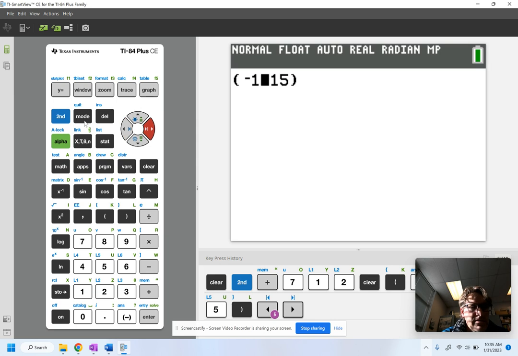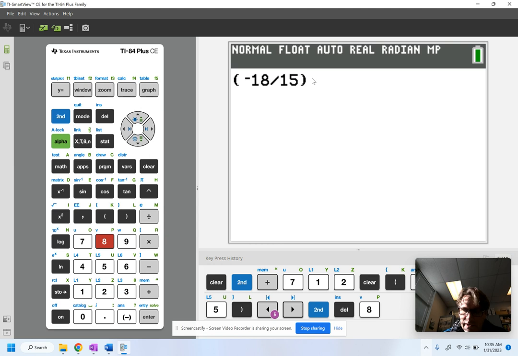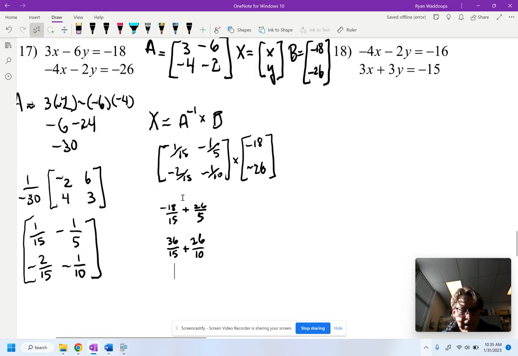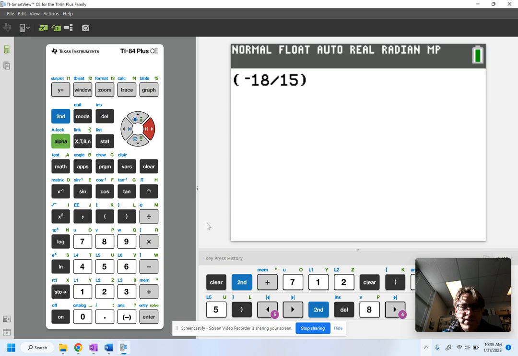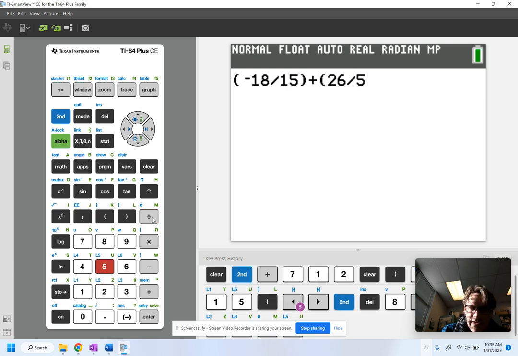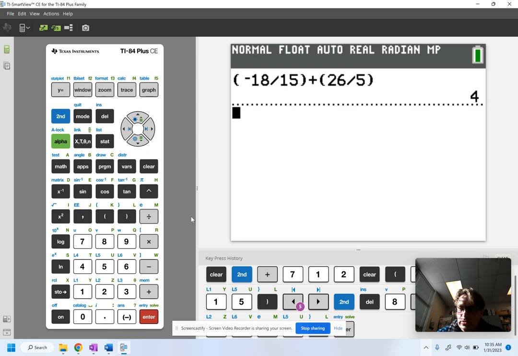Let's try this. Insert second function, delete, and type in. That's -18/15. Let me just double check to make sure that's right. Yep, -18/15. Then plus 26/5. Hit enter, and it gives us 4.